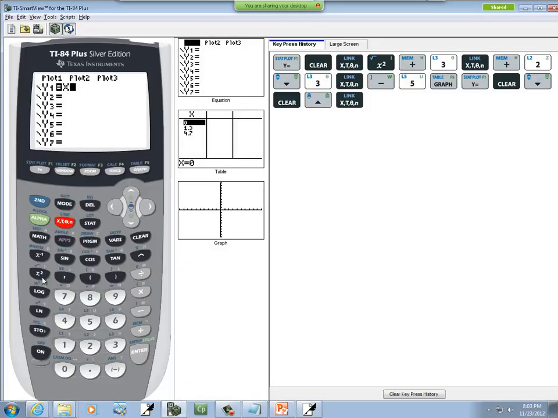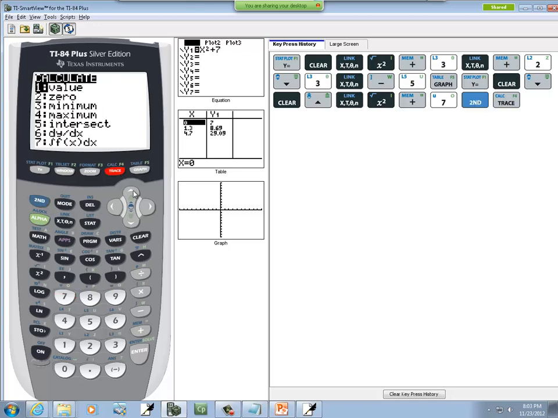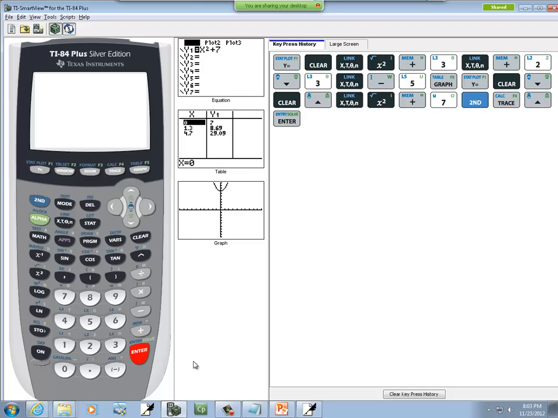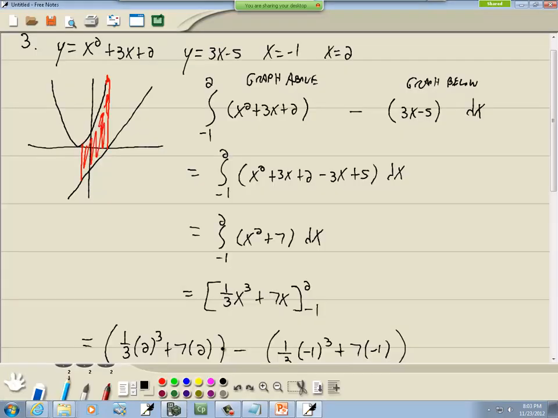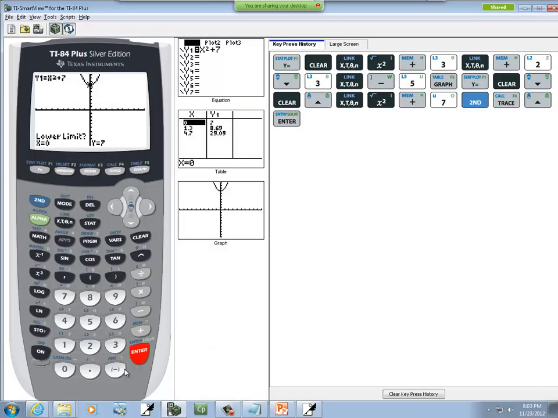Then I'll put in x squared plus 7. Second trace, and choose our integral. And then -1 to 2. So put -1 in for our lower limit, enter, put 2 in for our upper limit, 24.